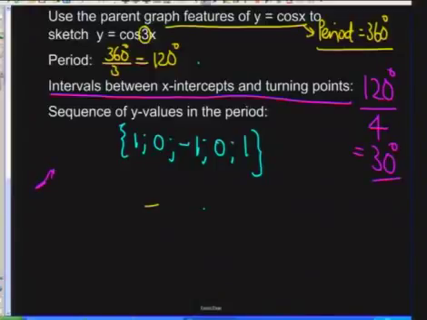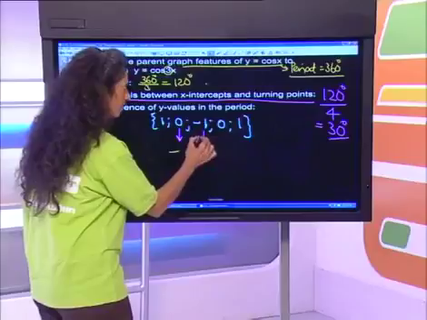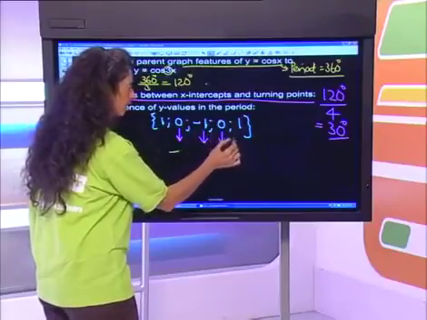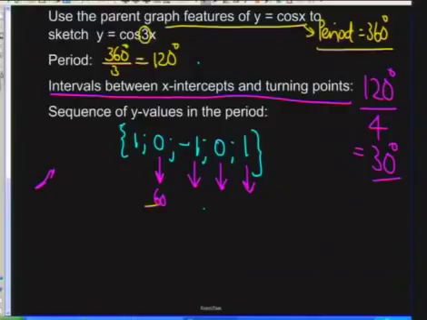So our new interval is now 30 degrees. So at 30 degrees, we're going to plot 0, at 60 degrees, at 90 degrees, and at 120. So that's 30 degrees, 60, 90, and 120.